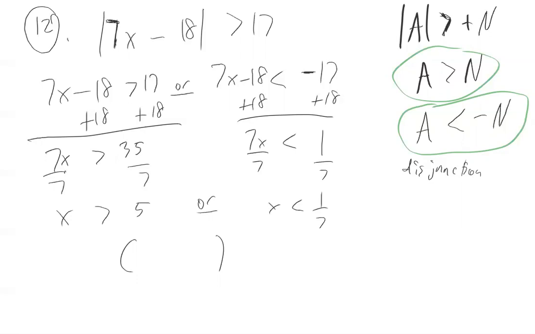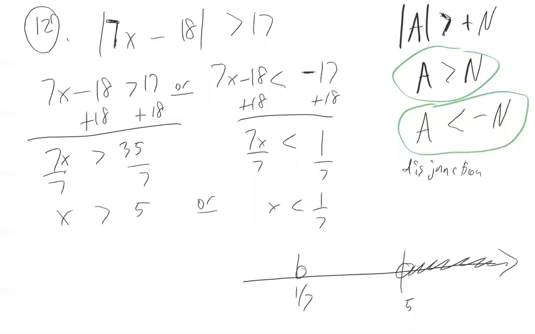Let me graph the solution set. It could be greater than 5, which is in that direction. Or it could be less than 1/7. Well, 1/7 is way over there, so it could be less than 1/7.